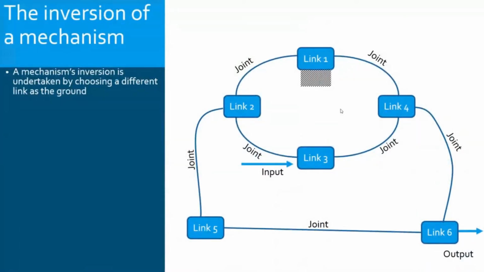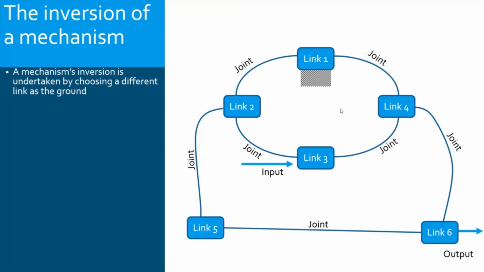So what's the inversion of a mechanism? It's quite simple. We have a mechanism. A mechanism is built from links. Links are the elements or the constituents of the mechanism, and these elements are connected together using kinematic pairs or joints.